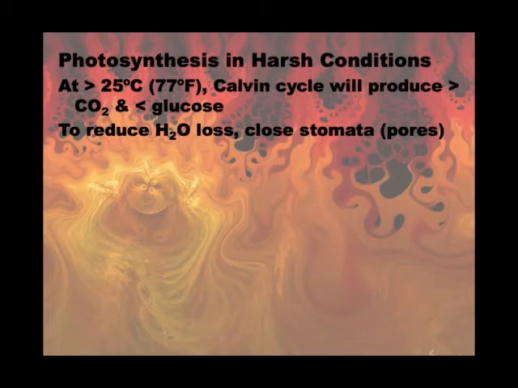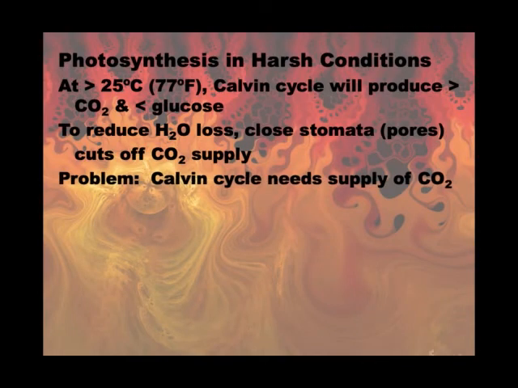If it's a really, really hot day, to reduce the water loss, plants just automatically close their stomata, or their pores. So it cuts off the carbon dioxide supply because the carbon dioxide is coming in. That's a problem because the Calvin cycle has to have carbon dioxide to run. So we have a problem.